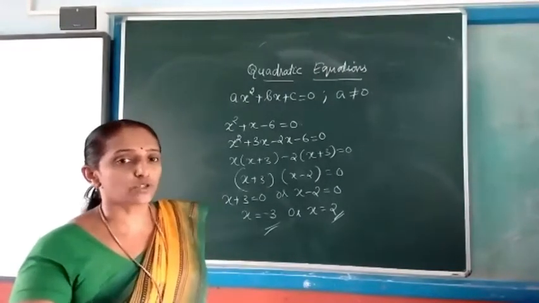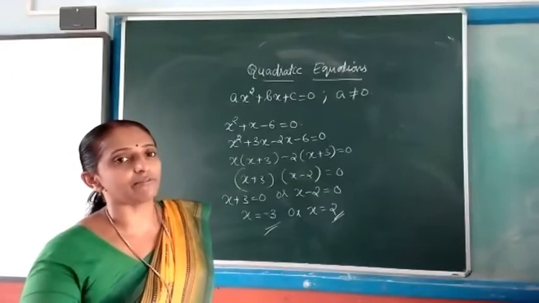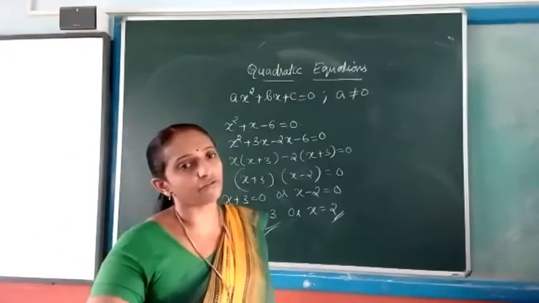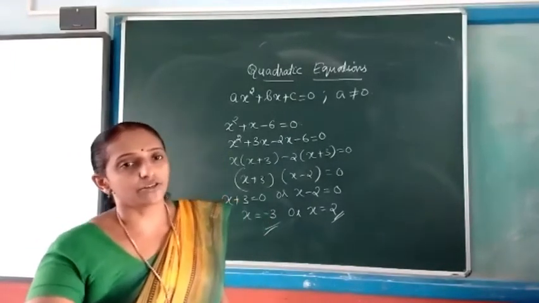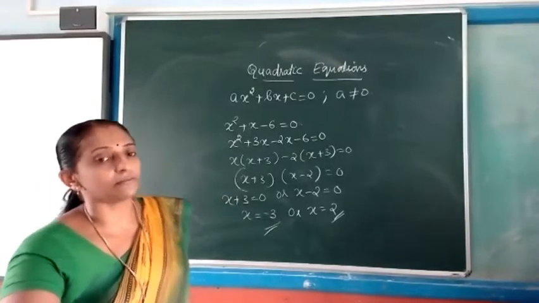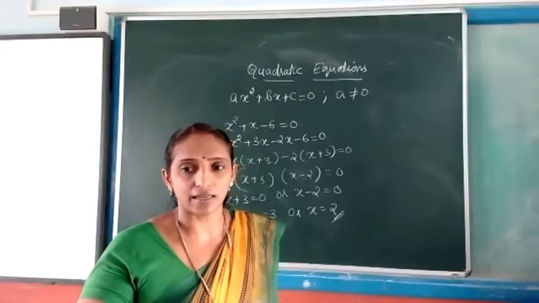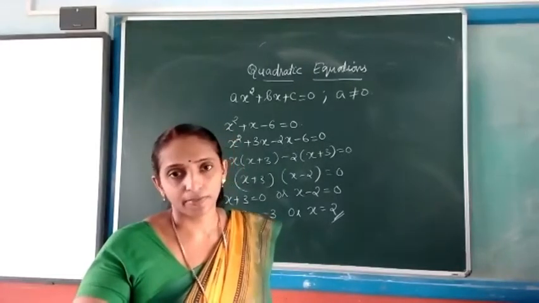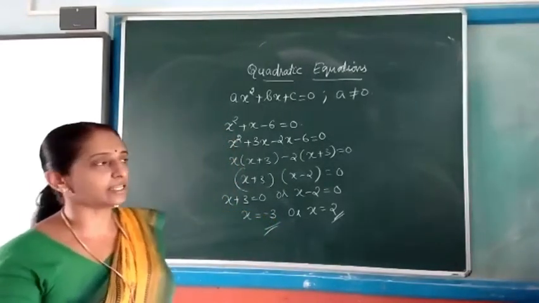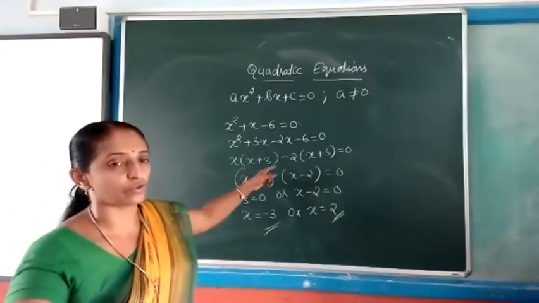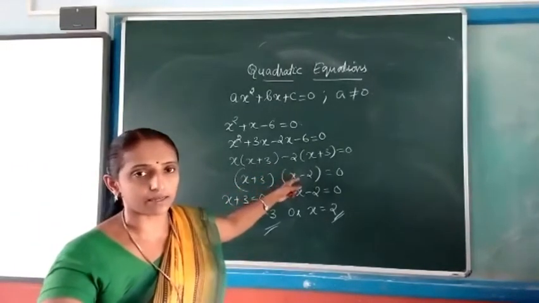Okay, and for solving the quadratic equation, we will follow the same rule of trinomial, that we will split the middle term and then we will find out the two numbers such that the product and the sum satisfies. Then after getting the two numbers, you will split the middle term.